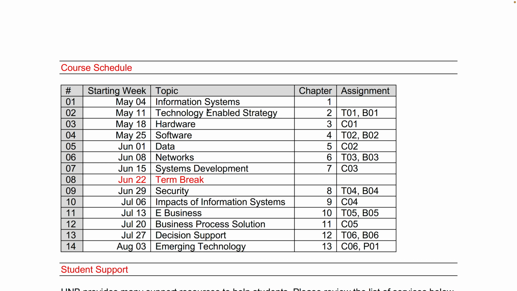And this cycle we will repeat for every set of 2 sessions. So hardware and software will involve a bi-weekly Twitter, bi-weekly blog, and a case study, and this will repeat 6 times until the 13th week. And in the 13th week you will have a comprehensive project on the emerging technology.